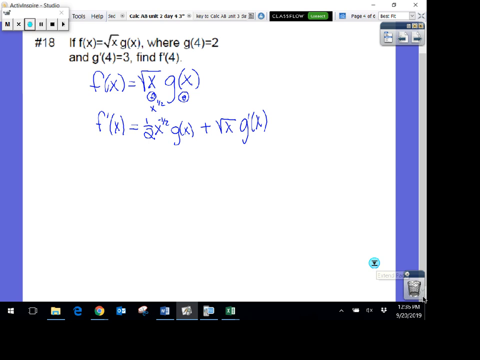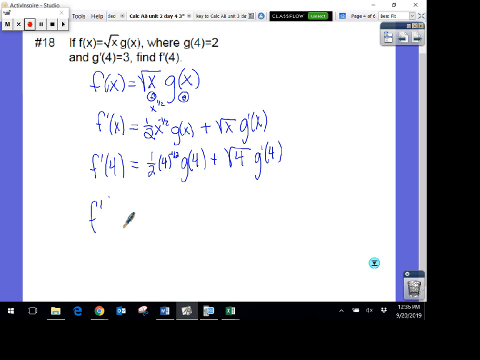All right, we want to find f prime of 4. So f prime of 4 means the x's are all 4s. So 1/2, 4 to the negative 1/2, g of 4, square root of 4, g prime of 4. Plug in a 4 wherever there's an x. Now, some of these we can evaluate, some we can substitute.